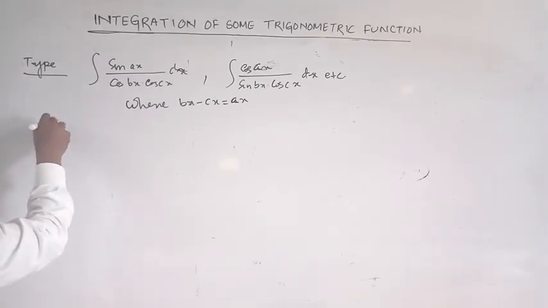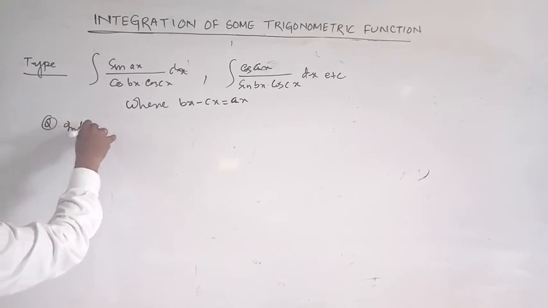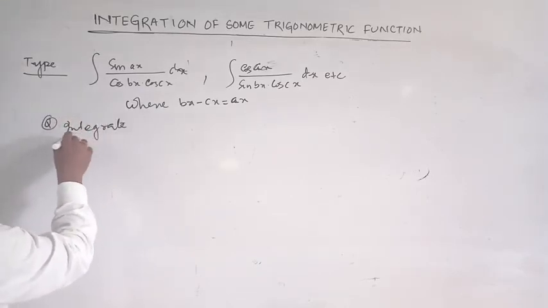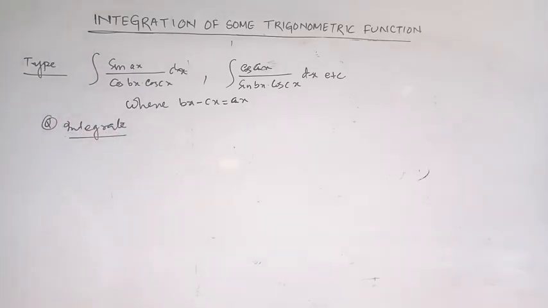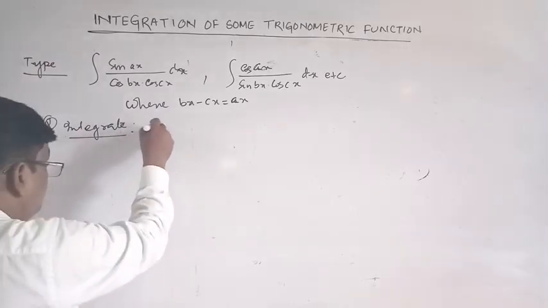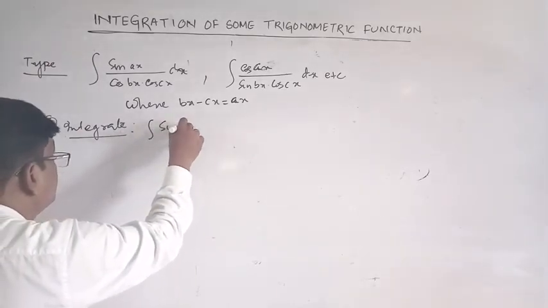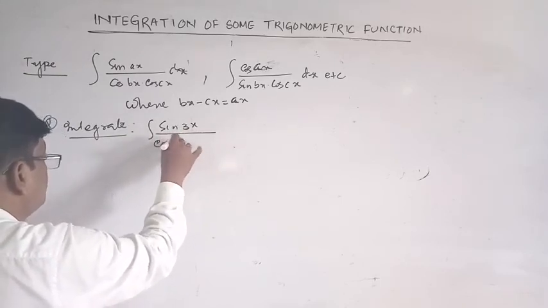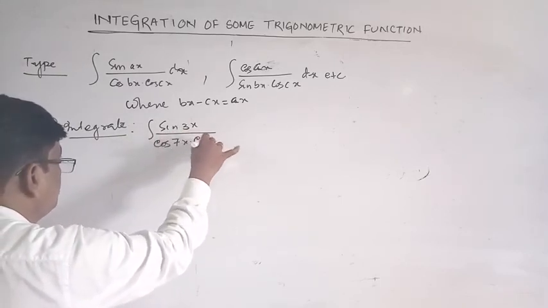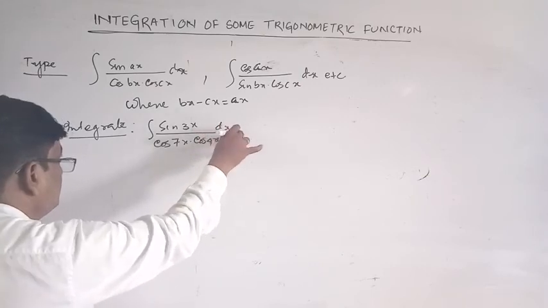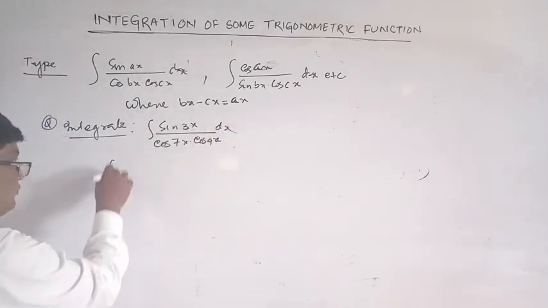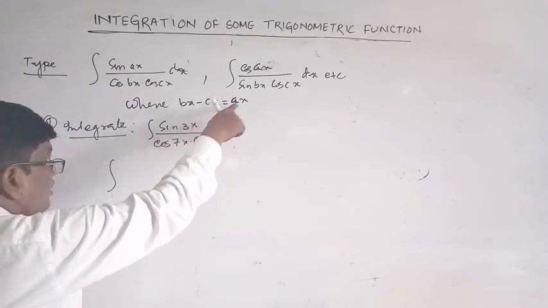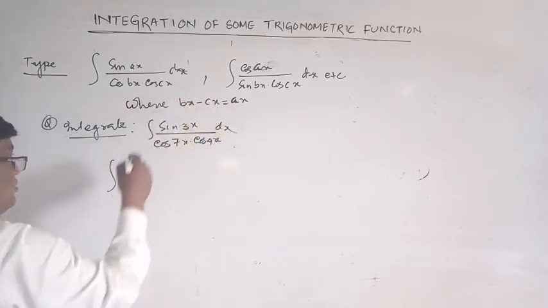The question: integrate sin 3x divided by cos 7x into cos 4x dx. Make this ax equal to bx minus cx.